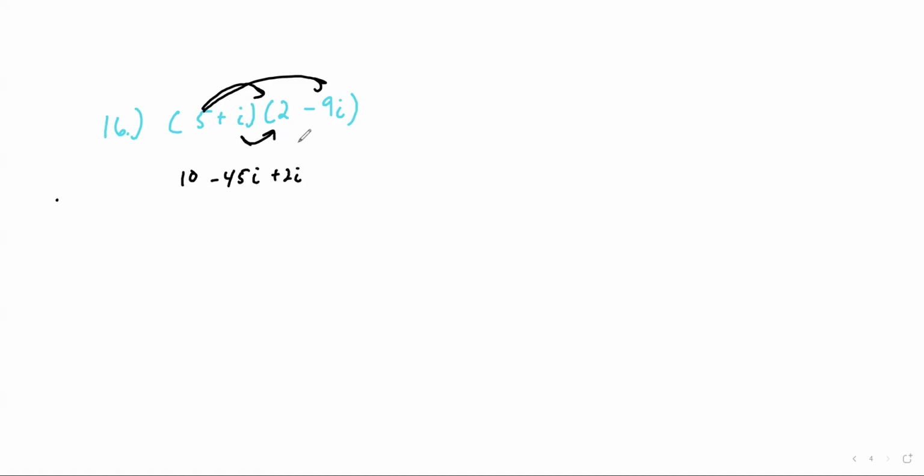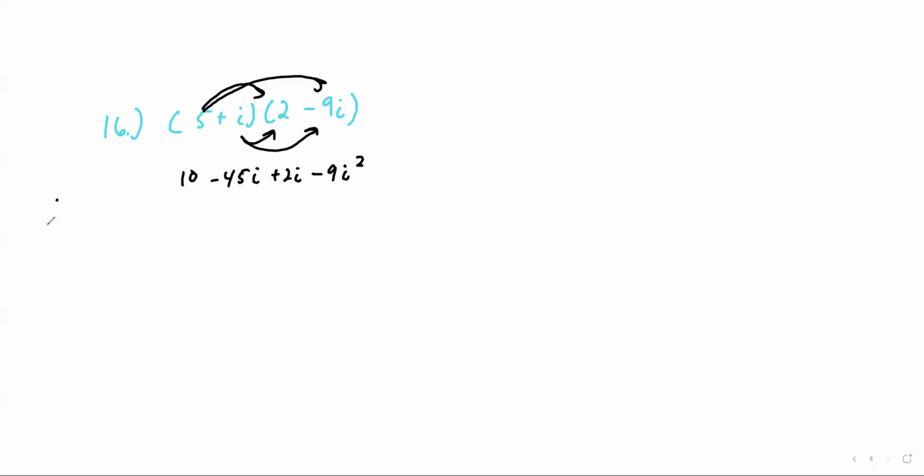Let's look at 16. 16 is 5 plus i times 2 minus 9i. So again, we'll go through the same process. 5 times 2 is 10. 5 times negative 9i is negative 45i. i times 2 is positive 2i. i times negative 9 is negative 9i squared.